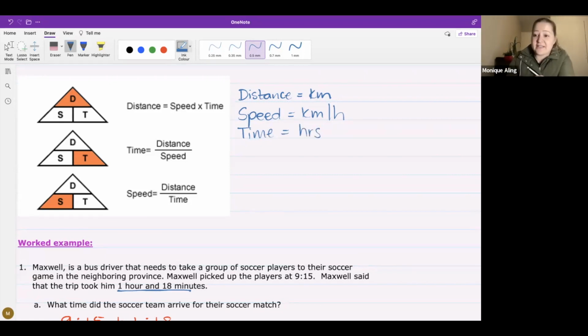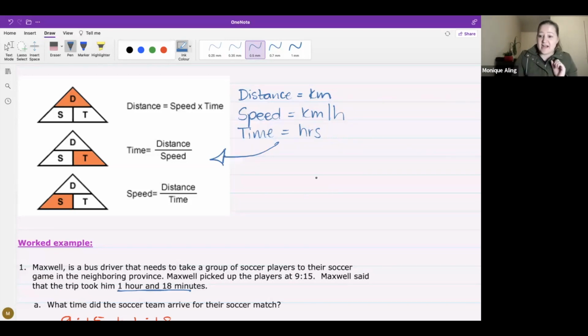So if you've been given a time with hours and minutes, you need to convert the minutes into hours. So as you can see, speed is a combination of our distance and our time, kilometers per hour. So it's important to remember that it always needs to be in those units before we put them into these formulas.